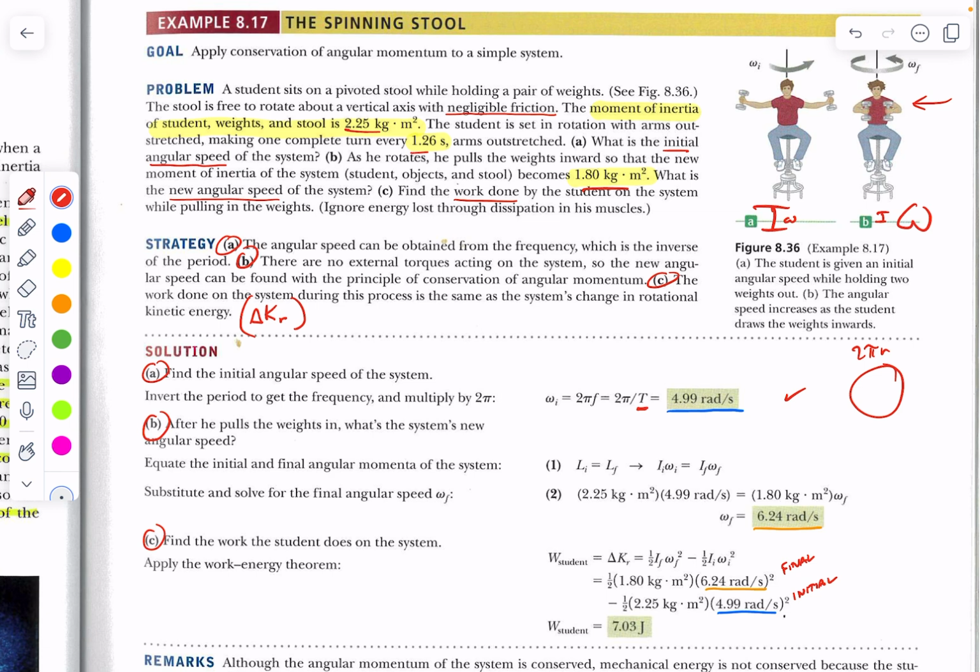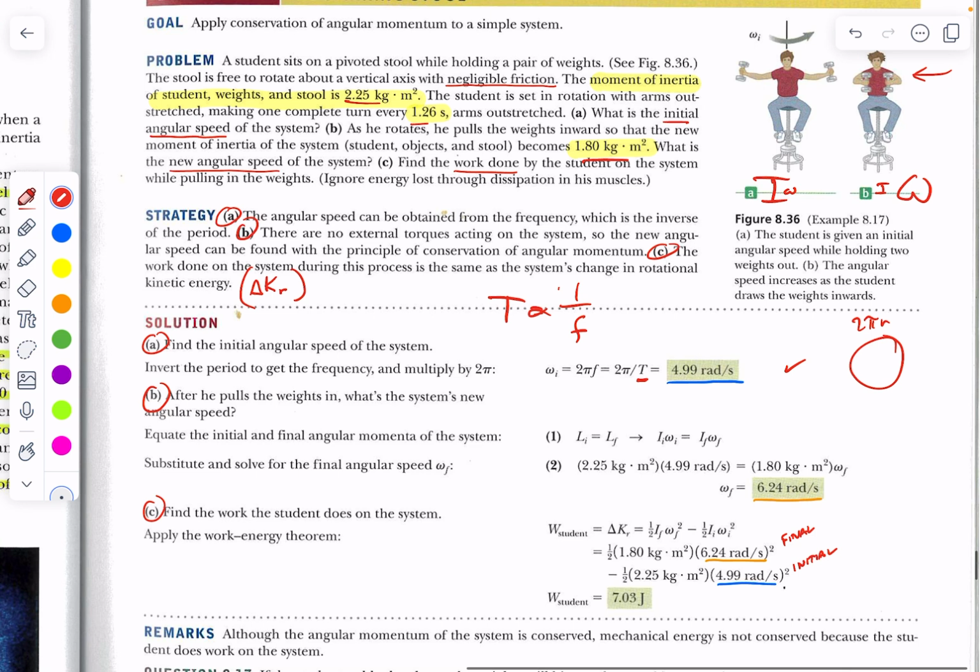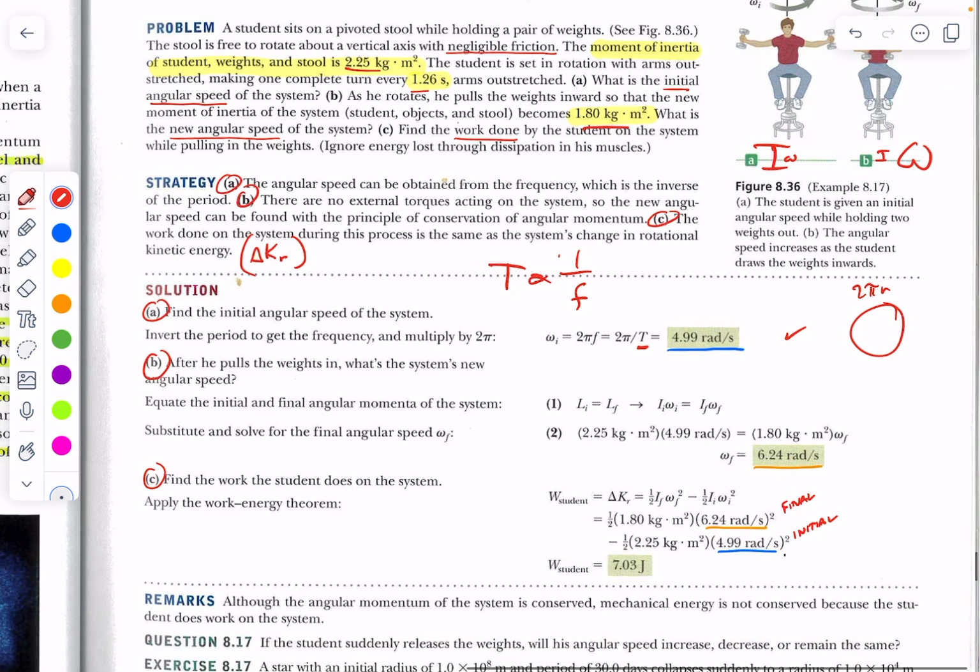Keep in mind that period and frequency are inversely proportional. Frequency is how many times per second, period is how many seconds per time. So the period, represented by capital letter T, is inversely proportional to the frequency. Now in part B, once we know what my initial speed is, we plug it in there.